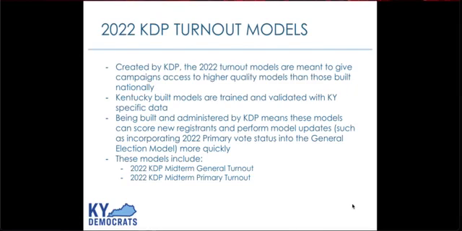The best example I have here is the 2022 general turnout model. That will get a rebuild after we have 2022 primary vote data, so we can hopefully score newer registrants a little better now that we know they've actually voted in a primary and have some vote history to their name.